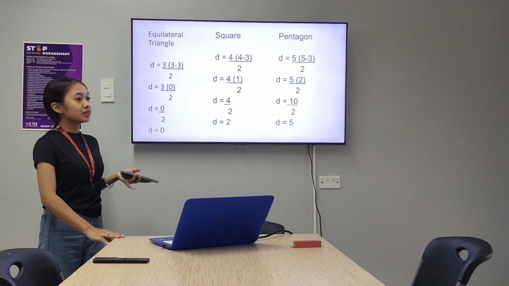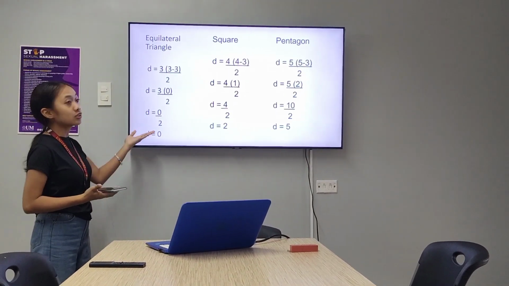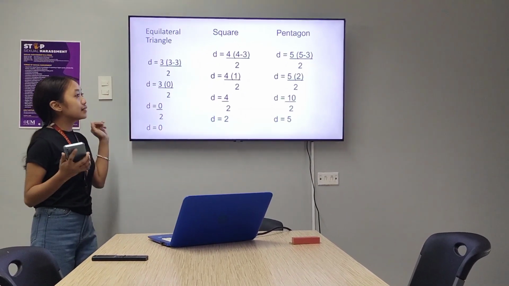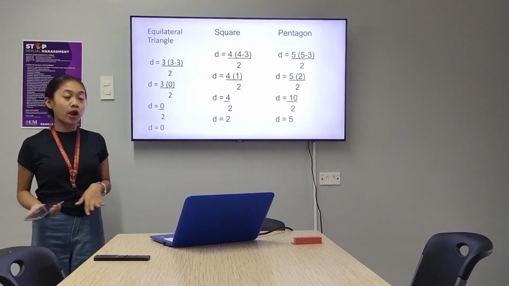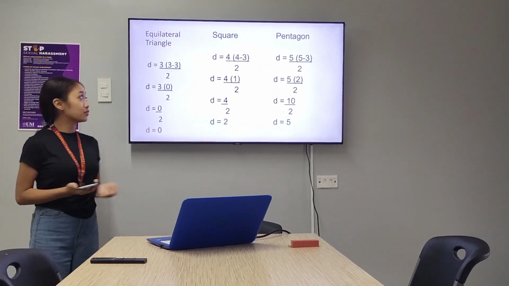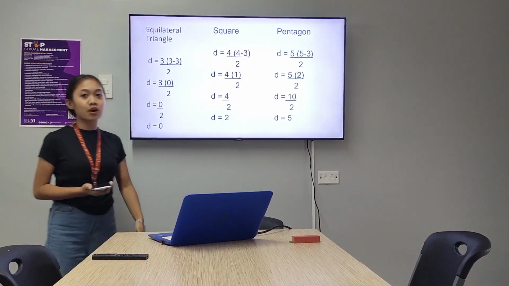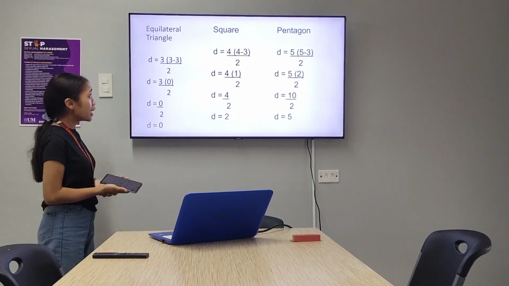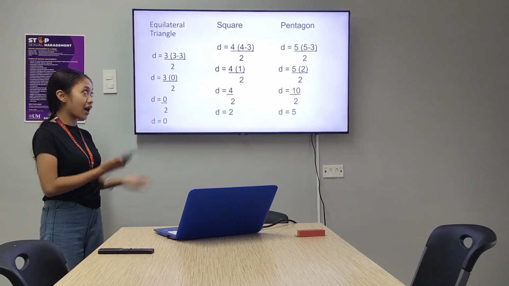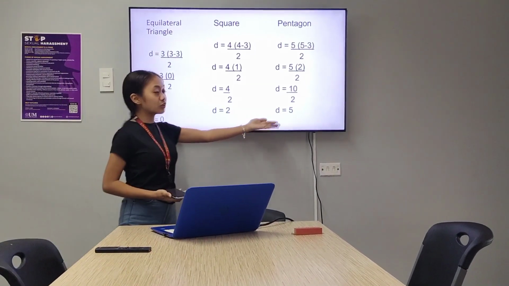Let us compute the diagonals of the square, as the equilateral triangle has 0. For the square, n, the number of sides, is 4. So 4 multiplied by 4 minus 3, all over 2, we get 2 diagonals. And for the pentagon, d is equal to 5 multiplied by 5 minus 3, all over 2, which is equal to 5.